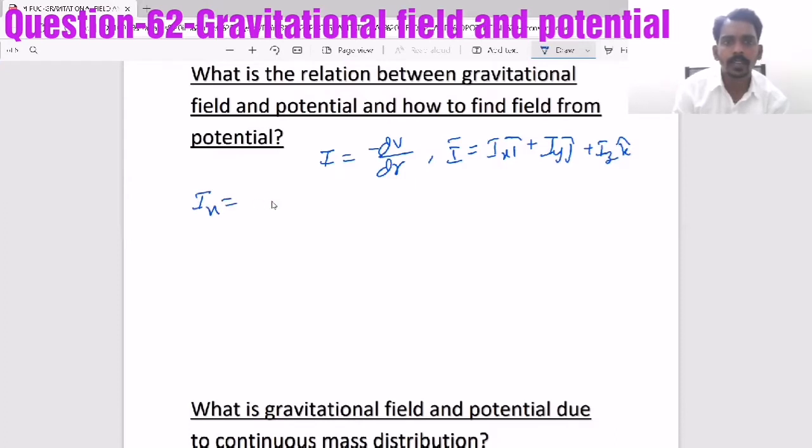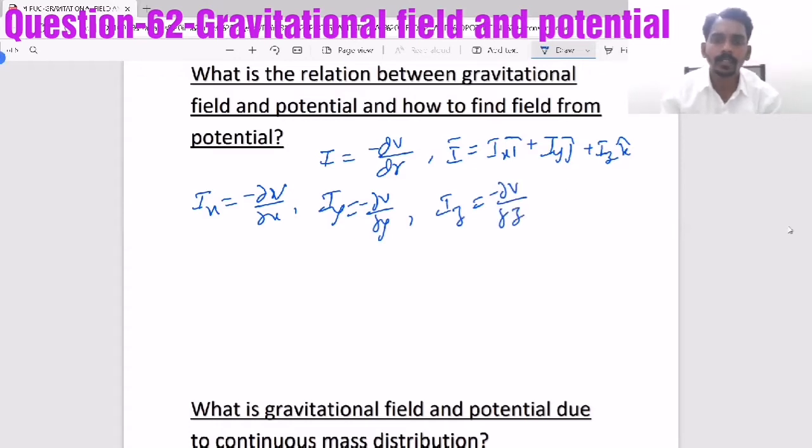To find them, x is minus dou V by dou x, y is minus dou V by dou y, and z is minus dou V by dou z. So here we have to do partial differentiation. That means when you want to find the x component of the gravitational field, you have to consider y and z as constants. For example, I will show you, V equals x square yz.